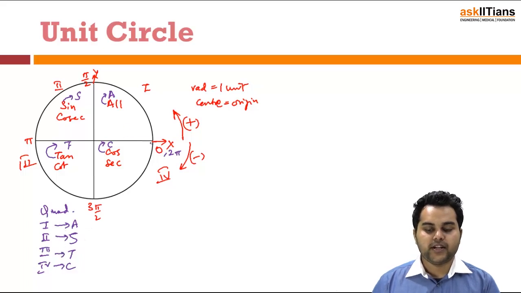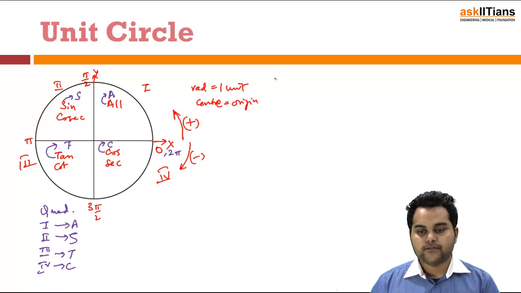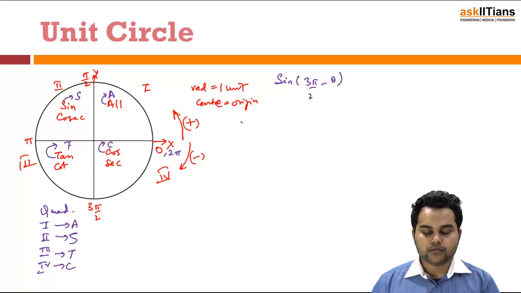Now what does positive and negative mean? Let's say I have sine of 3 pi by 2 minus theta. 3 pi by 2 is this, so I'll move in the anti-clockwise direction, 3 pi by 2 positive, and then minus theta, so that will be clockwise, negative, and here the angle would lie.